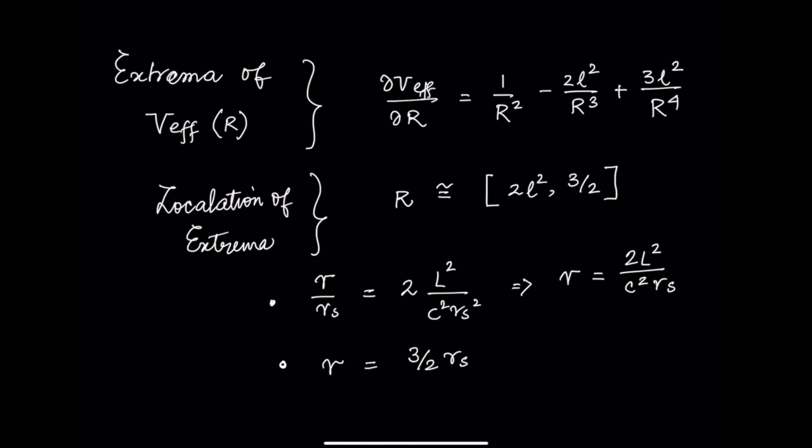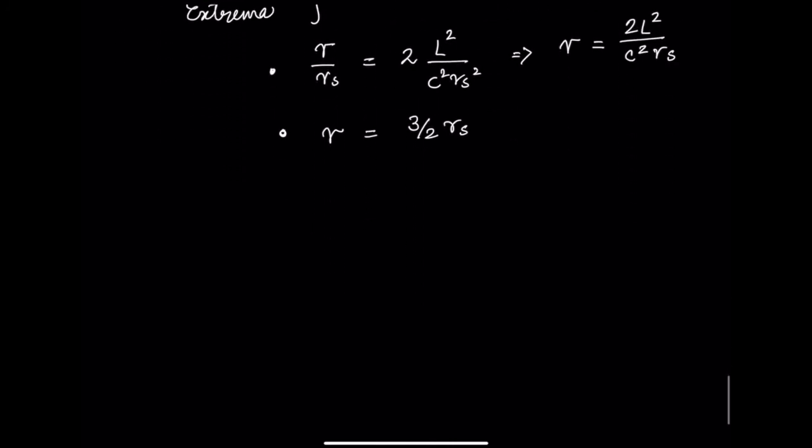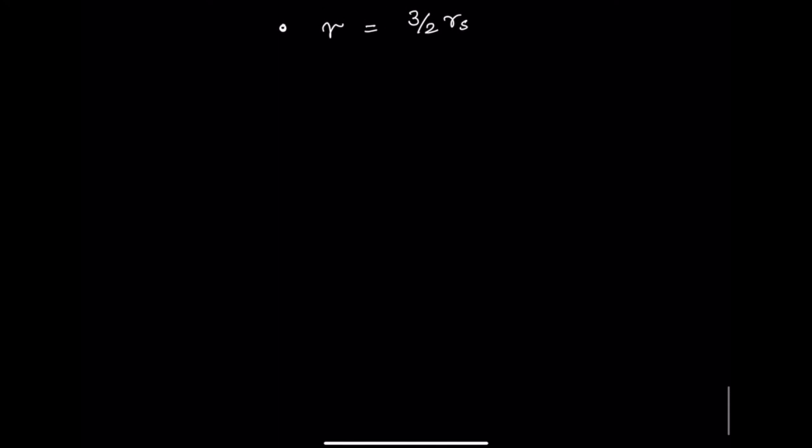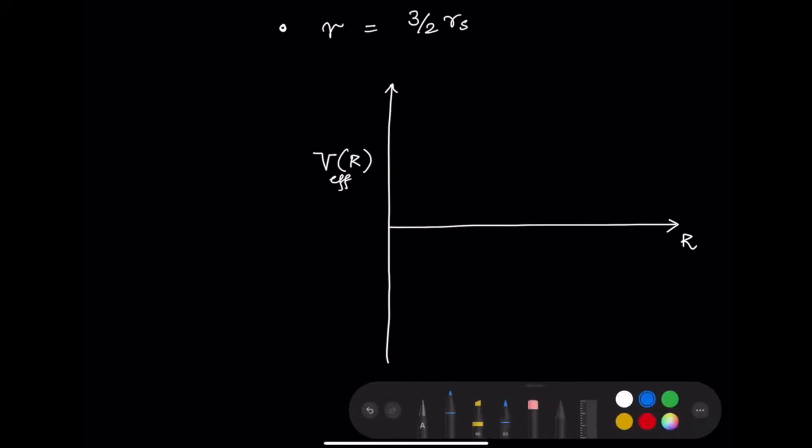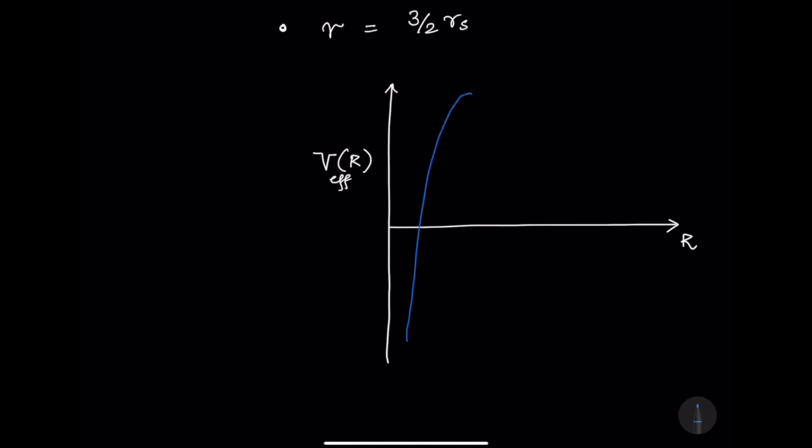Let me try to plot these potentials, and let me try to plot this for a given value of L. So this is R. In this case, here I am plotting V effective as a function of R. For a sufficiently large L, it looks like this.